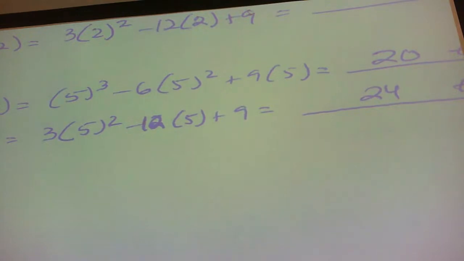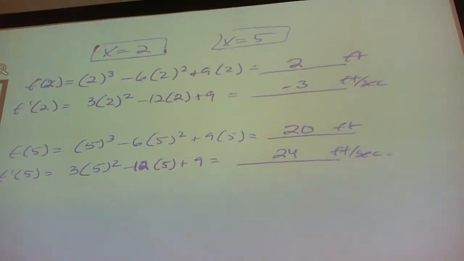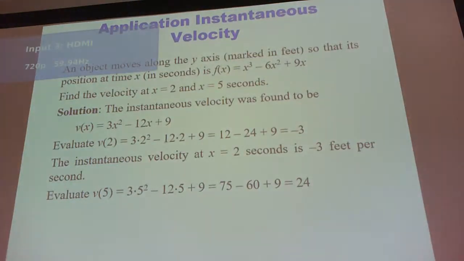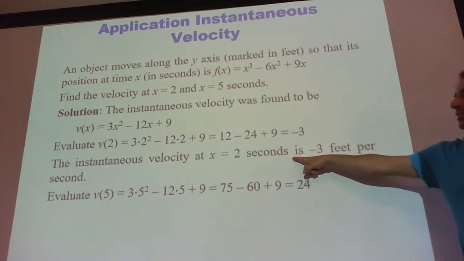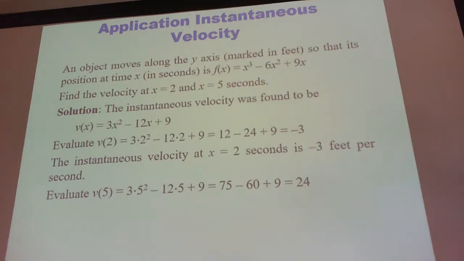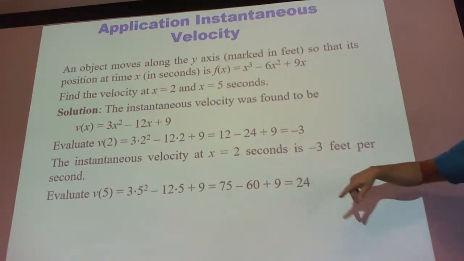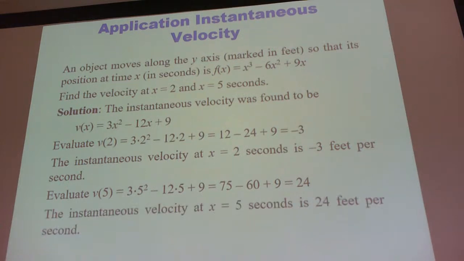So, in addition to being able to check your work, what does all this mean? If I go back to the notes real quick, when you plug in 2 into the velocity, it says the instantaneous velocity at 2 seconds is -3 feet per second. That means it's going downward. Negative means downward. And if we plug in 5, you get 24. That means the instantaneous velocity at 5 seconds is 24 feet per second.